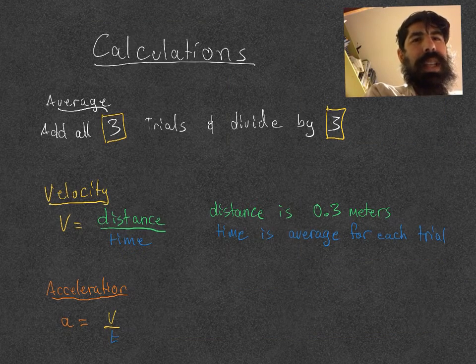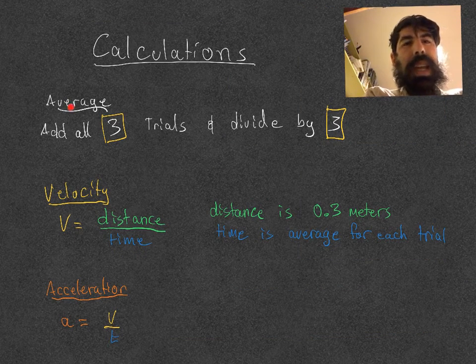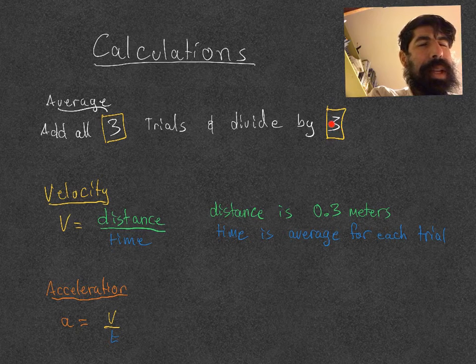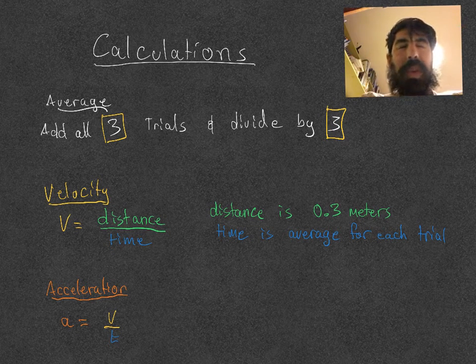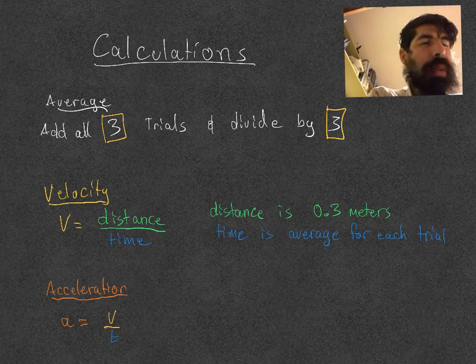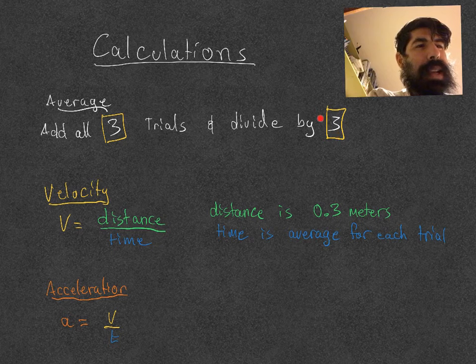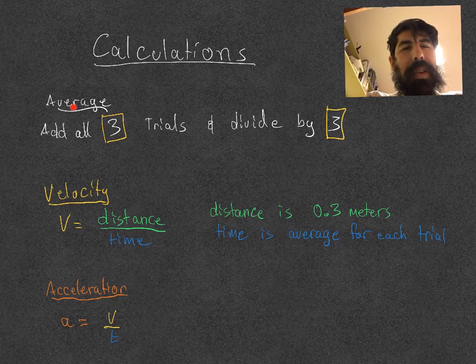A little more detail on those calculations. To calculate an average, add up all 3 trials and then divide by 3. If you did 4 trials, you would add up all 4 and divide by 4. You add up all the trials and divide by that number of trials, and that gives you your average.